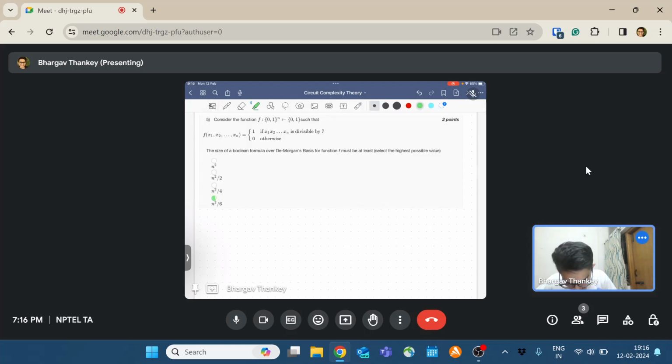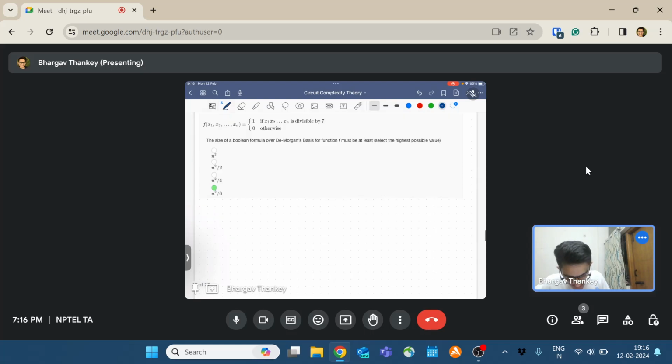It's this. Okay, so let me define B first. B is just f inverse one, and let A be f inverse zero.